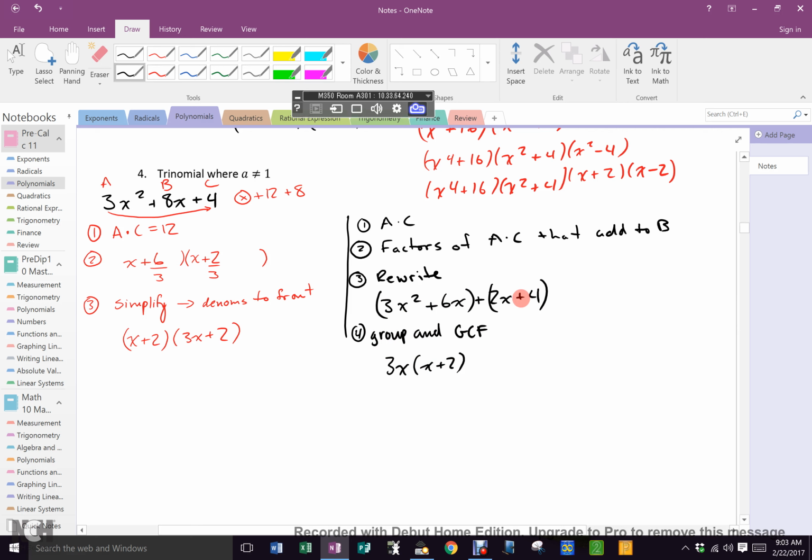What is the GCF here? 2. And that leaves x plus 2 in there. Then we factor that. We GCF again. And we get 3x plus 2 times x plus 2.